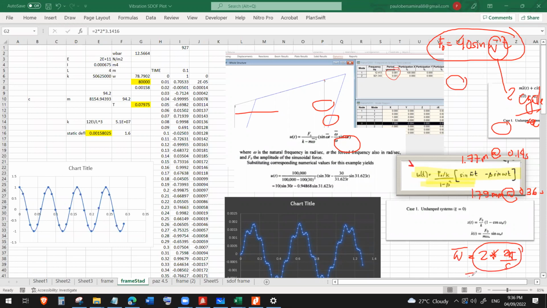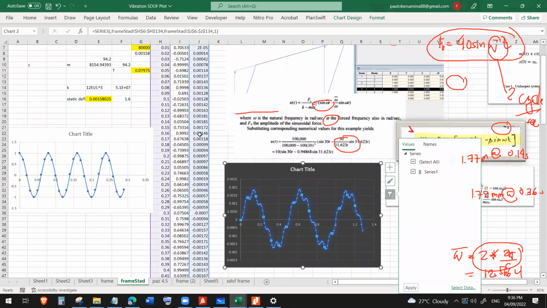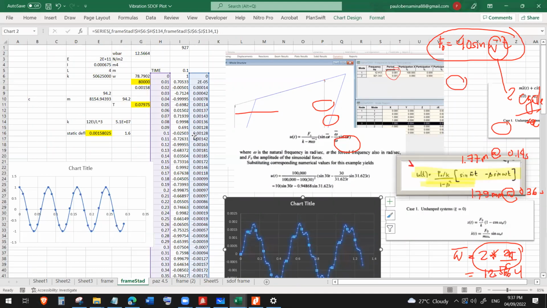Multiply that and you will get 12.5664. If you look at the formula, using this formula with a given omega bar of 12.5664 and the natural frequency of the system of 78.7902, you will have this time history response of our 0.08 second structure.